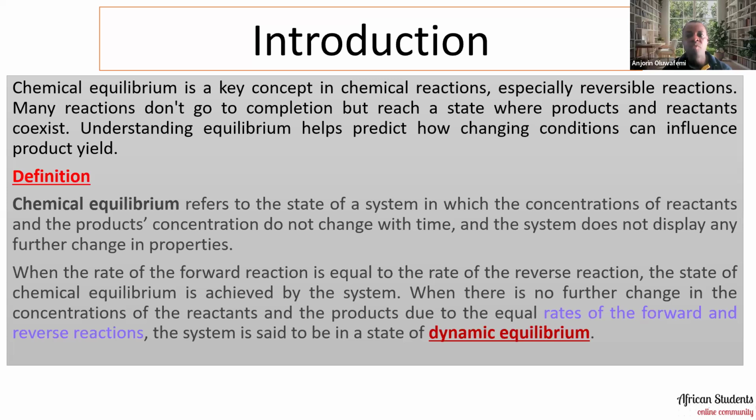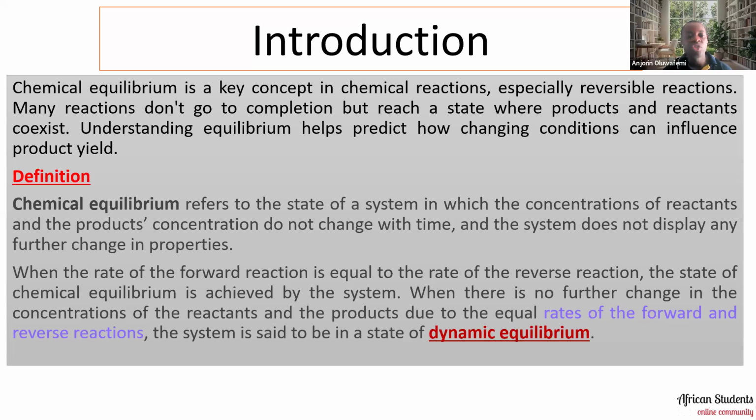If we want to define chemical equilibrium, we refer to it as the state of a system in which the concentrations of reactants and products do not change with time, and the system does not display any further change in properties. When the rate of the forward reaction is equal to the rate of the reverse reaction, the state of chemical equilibrium is achieved by the system.